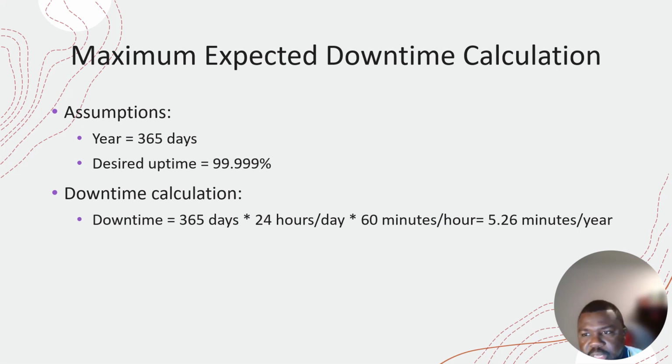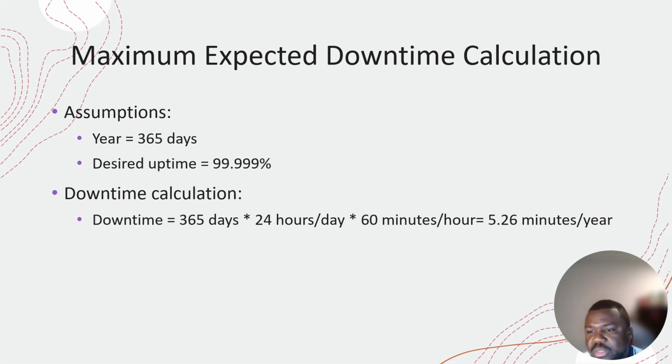To calculate our maximum expected downtime for the year, we convert our uptime to a downtime percentage. How do we accomplish this? We subtract the uptime from 100% to find a downtime percentage of 0.001%.